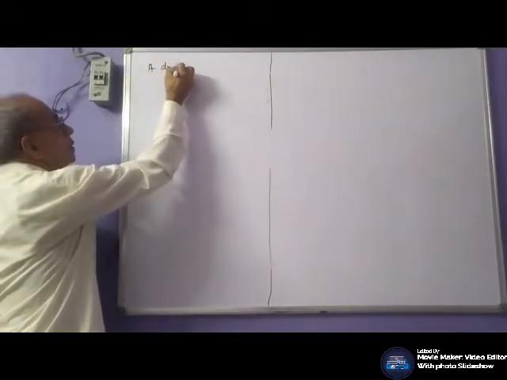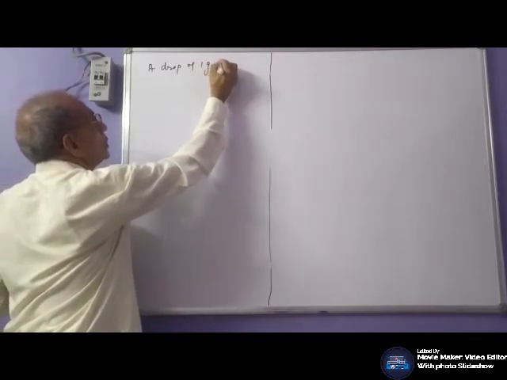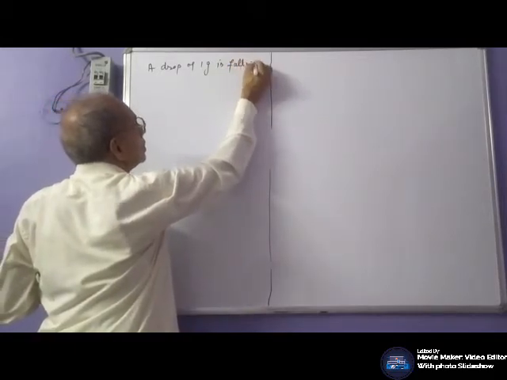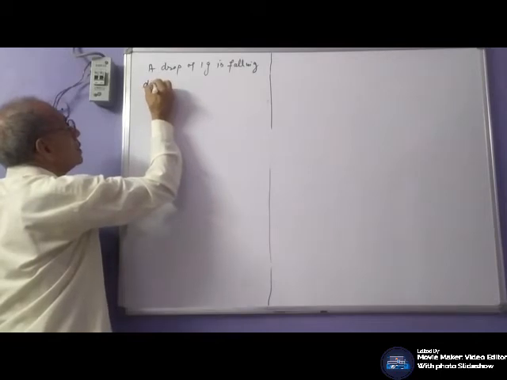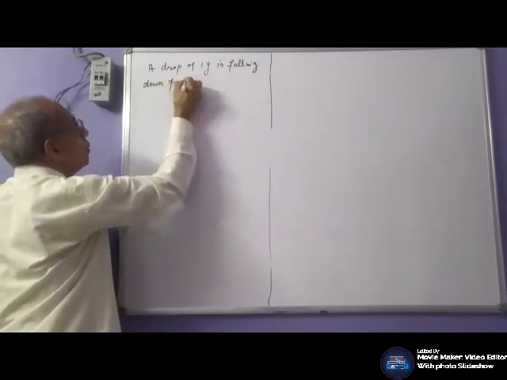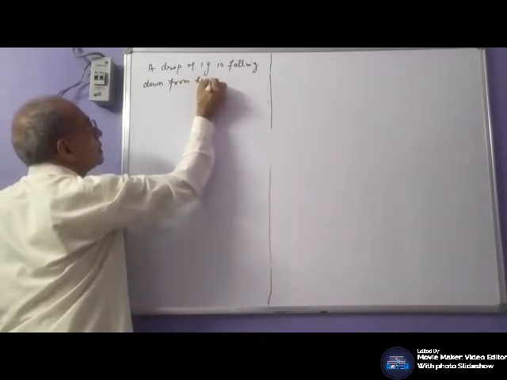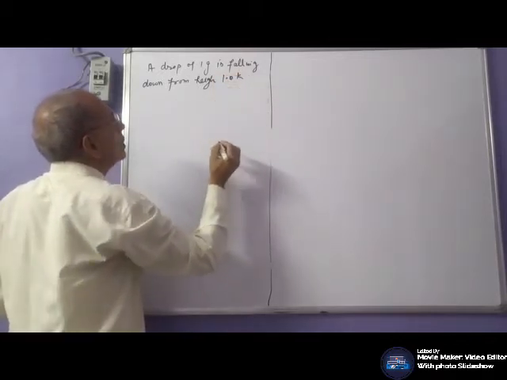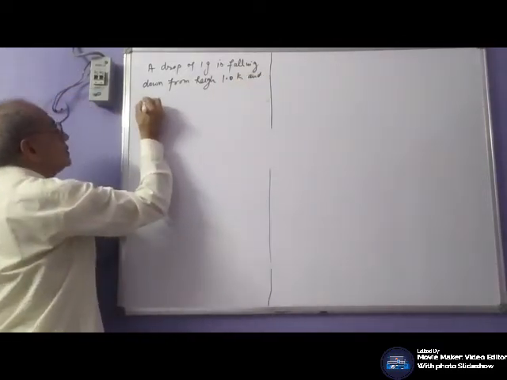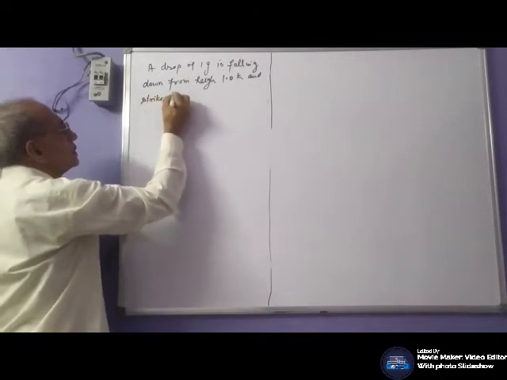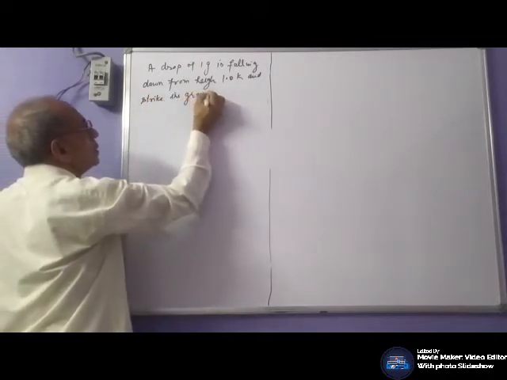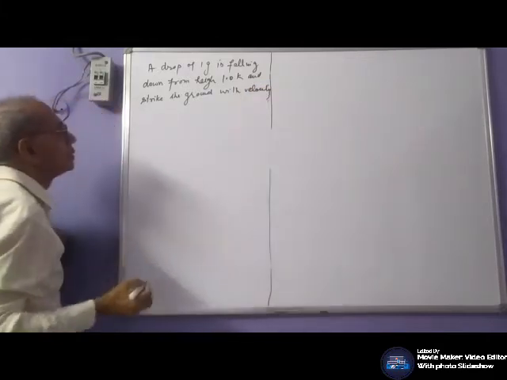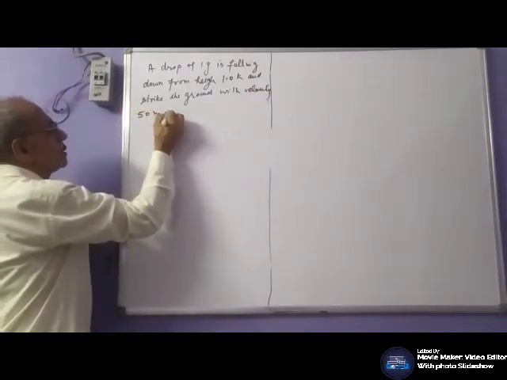A drop of 1 gram is falling down from a height of 1 kilometer and strikes the ground with velocity 50 meter per second.